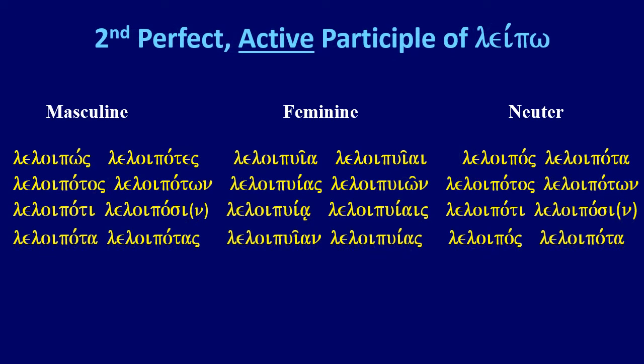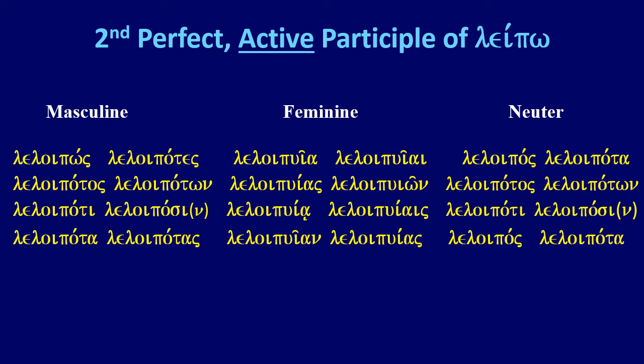Moving on to the second perfect active participle form, this time for lepo instead of luo. Again, it looks very similar to the second perfect active indicative forms with the exception of the endings. In fact, the endings are the same for the second perfect as well as the first perfect participle forms.